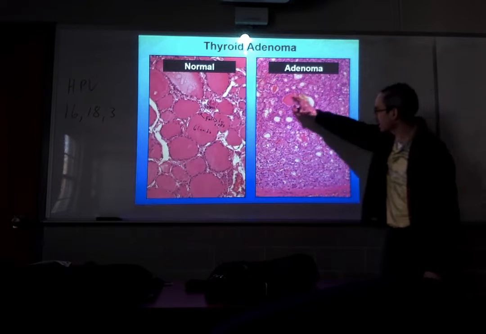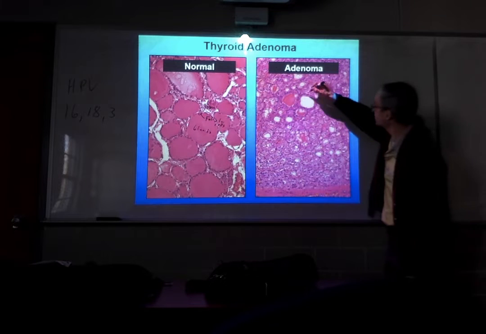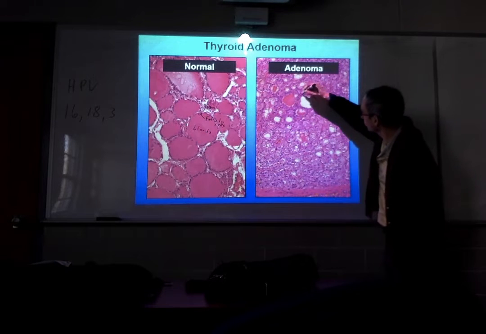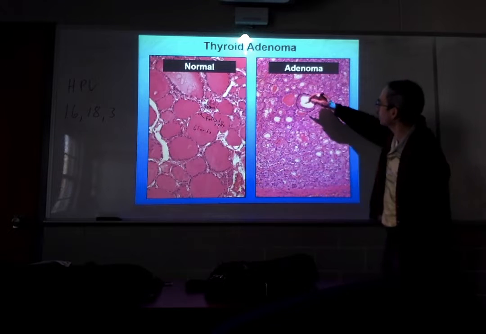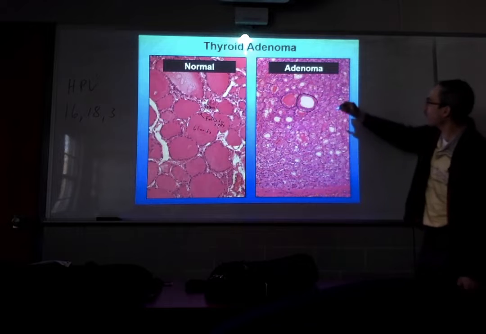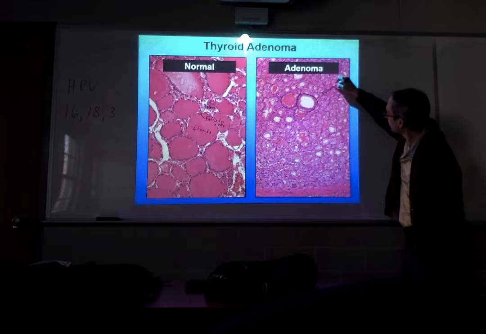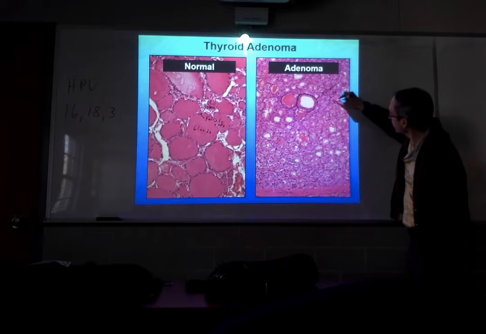Okay? You can see the follicular cell adenoma here. You can see it consists of these glandular structures, okay? Some of which have thyroglobulin in them, some of which do not, but they're all lined by these benign follicular cells that are proliferating in a benign way.